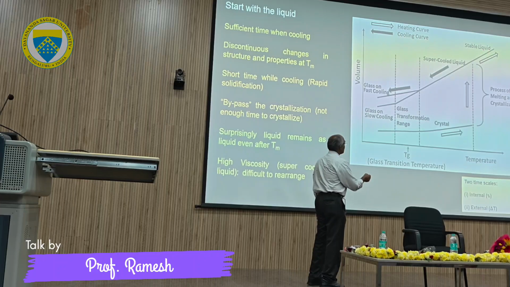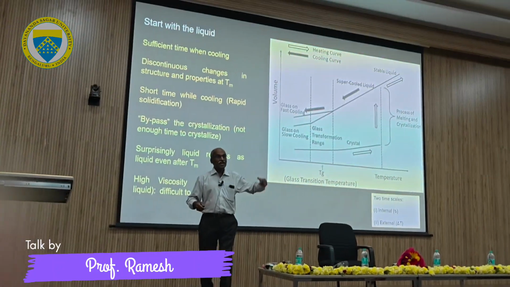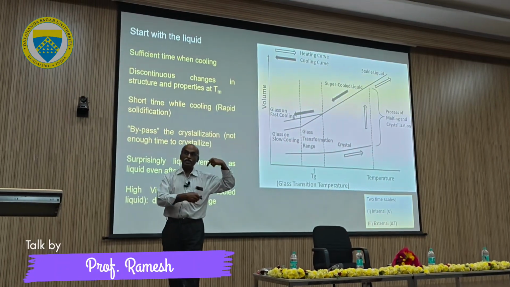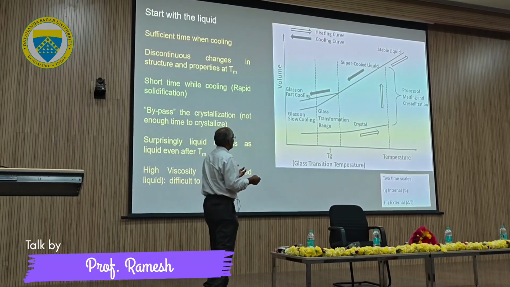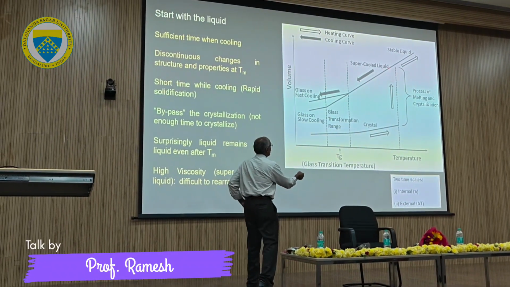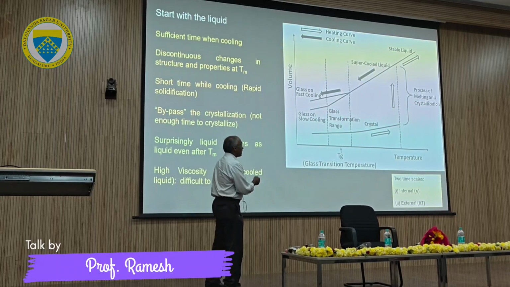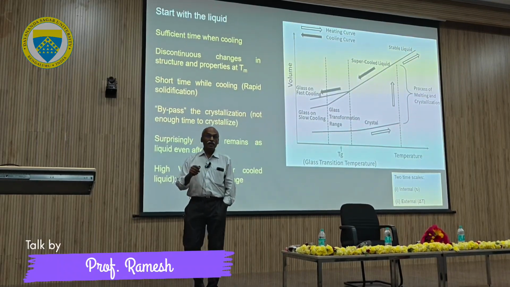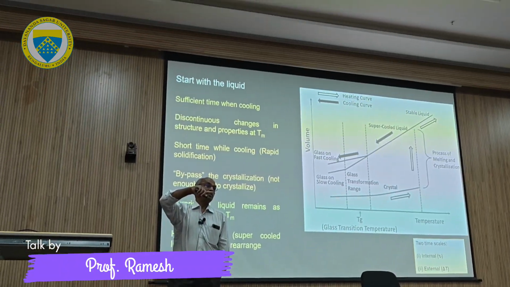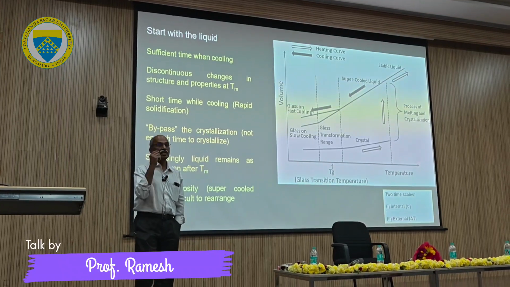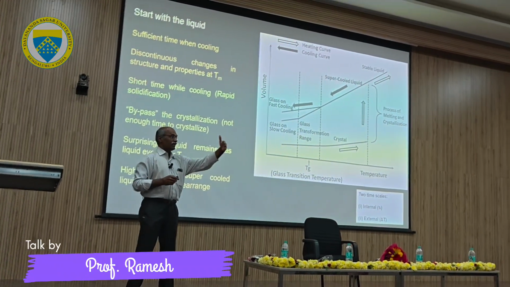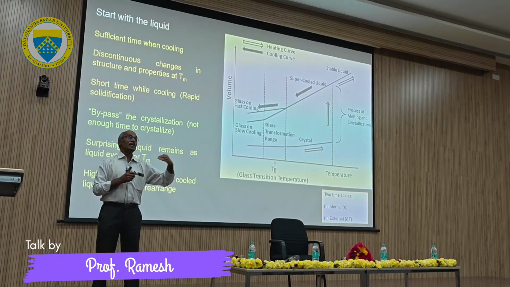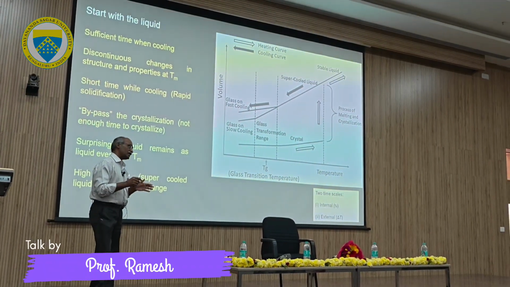So the liquid remains as a liquid, but the viscosity increases when you decrease the temperature. So the liquid becomes a highly viscous liquid actually, right? So they enter into a supercooled liquid, and at one point of time, the viscosity of the liquid reaches the viscosity of solids actually, right? About 10 raised to 12 or 13 poise, which is the viscosity of solids. So my liquid is now a solid actually for all mechanical purposes.